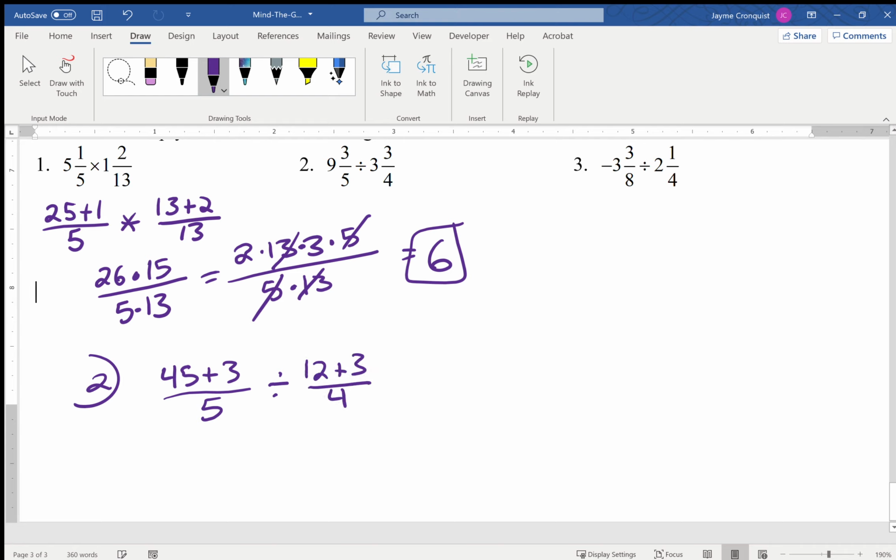Now when I multiply these across, 48 times 4 is 192. 5 times 15 is 75. And I don't think we have anything in common.